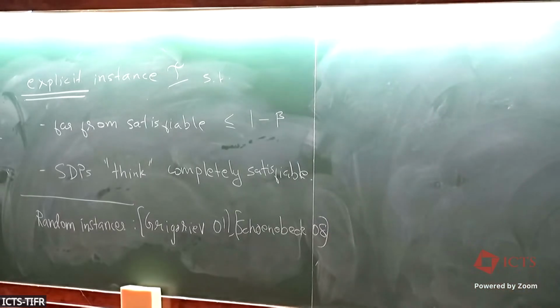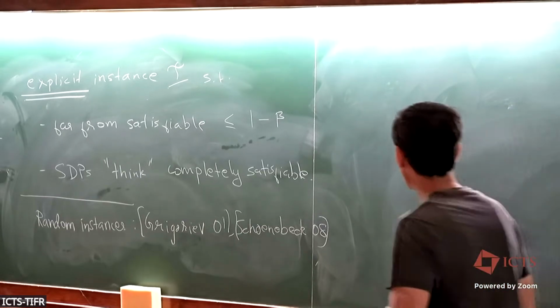And in fact, the gap is even optimal: no more than half is satisfiable, and SDPs think everything is satisfiable.